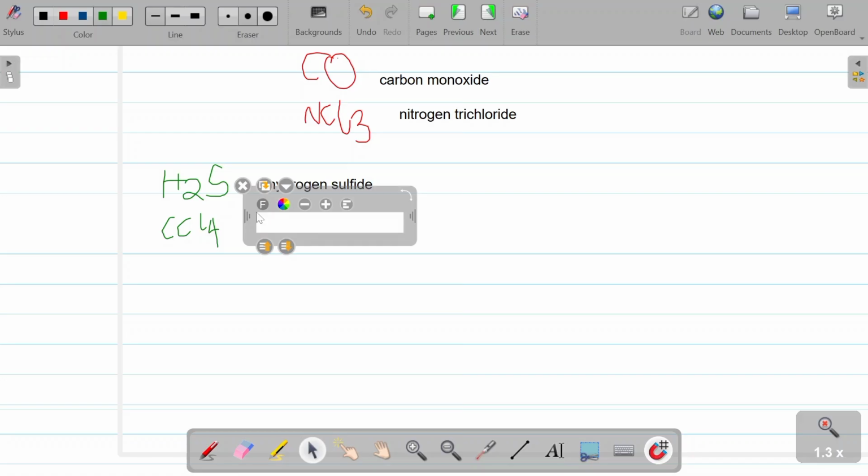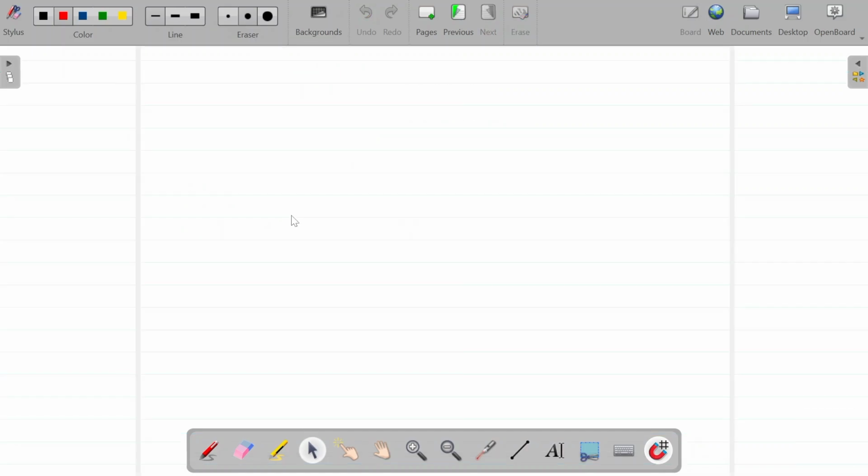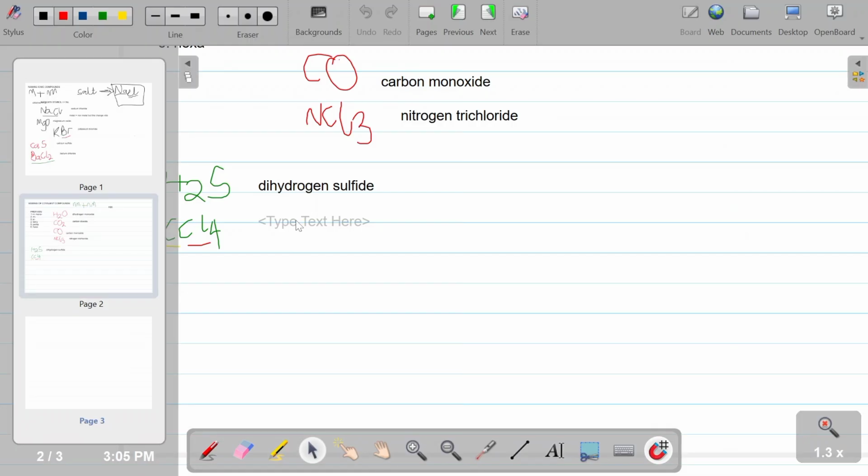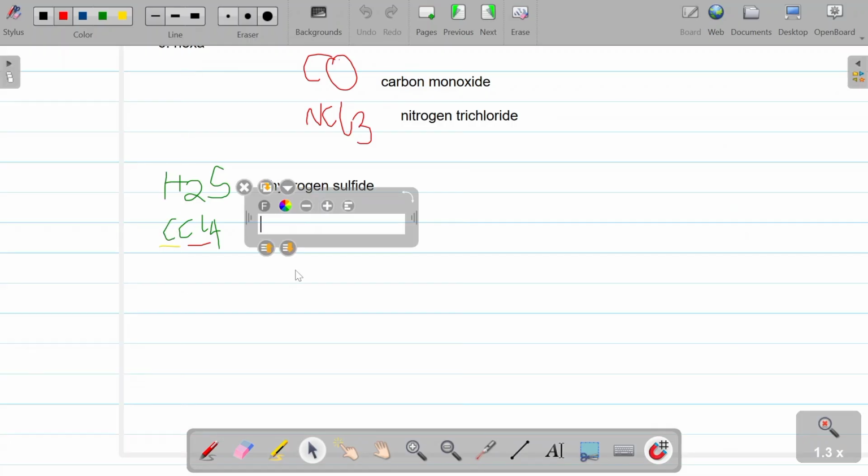Now let's take a look at the next question, which is CCl4. The first element is C. The second element is Cl, just in case you are a bit confused. So we have carbon.